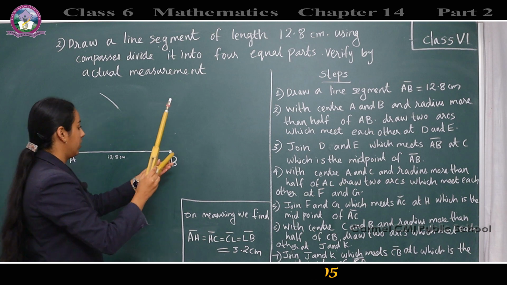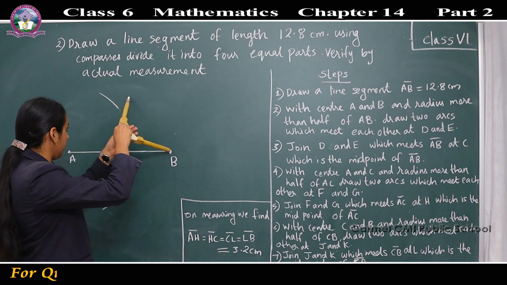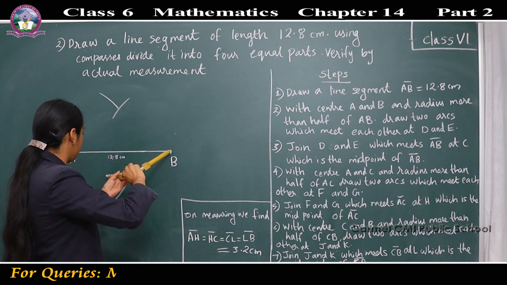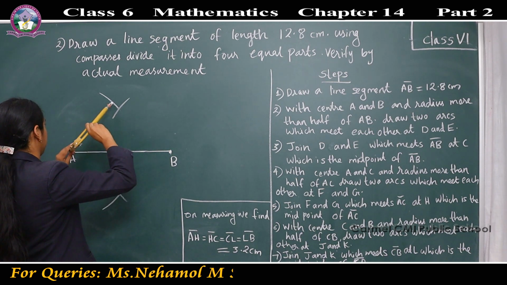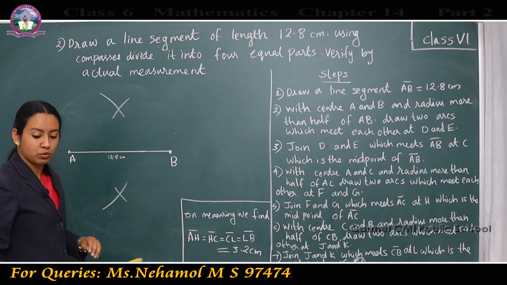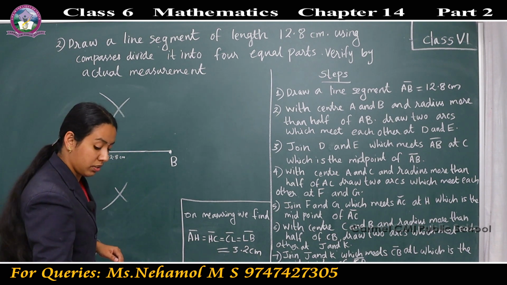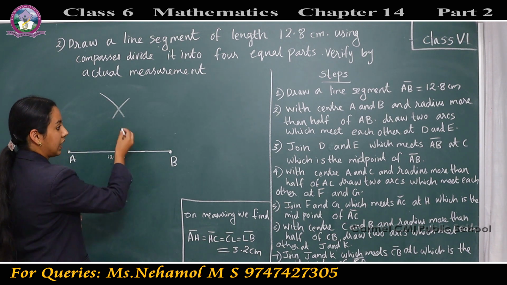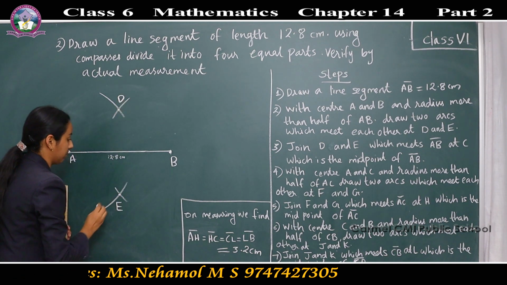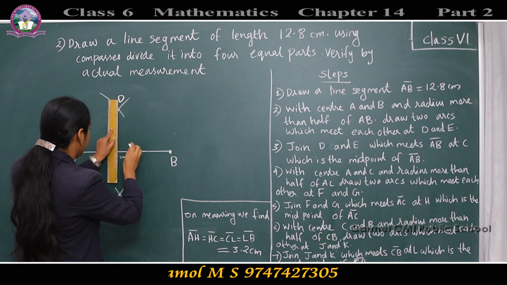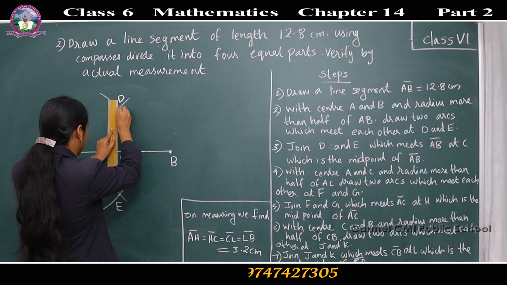Then, without changing the setting of the compass, draw from B also. Now, join these two points. Let this point be D and this point E. Join D and E.